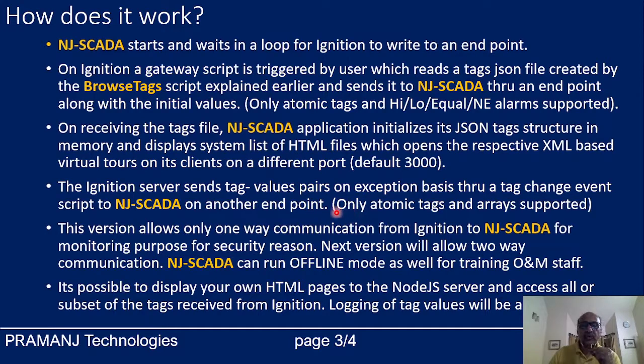The only thing is that only atomic tags are supported in the tags.json file, and at the most you can use arrays, but you cannot use folders or UDTs, at least in the present version. So basically it's a single array of all the tag paths that are defined in the tags.json file.